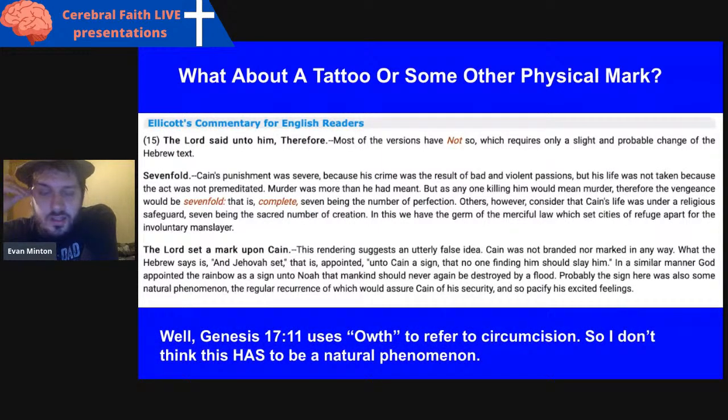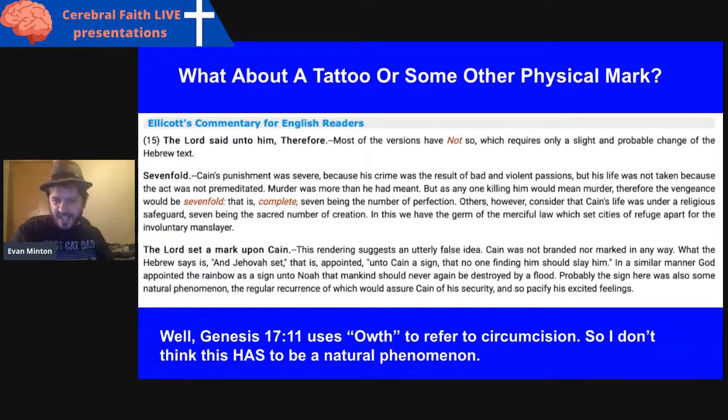So what he's saying here is that the Hebrew word oath is broad. It can be used to refer to a sign. It doesn't have to mean a mark in the sense of a brand, like you take a stick, you put it in the fire, and then you stick a cow's butt with it to let others know, hey, this is my cattle.